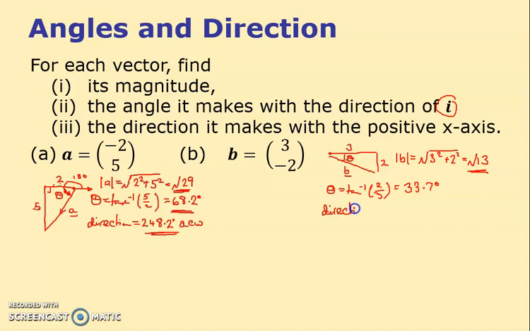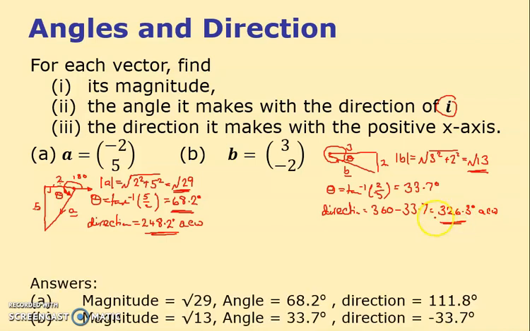The direction it makes with the positive x-axis. Well, again, I think I should do that angle, because I said it should always be anti-clockwise. So I think it should be effectively 360 minus that 33.7. So 360 minus my answer, and I've got 326.3. Again, anti-clockwise.